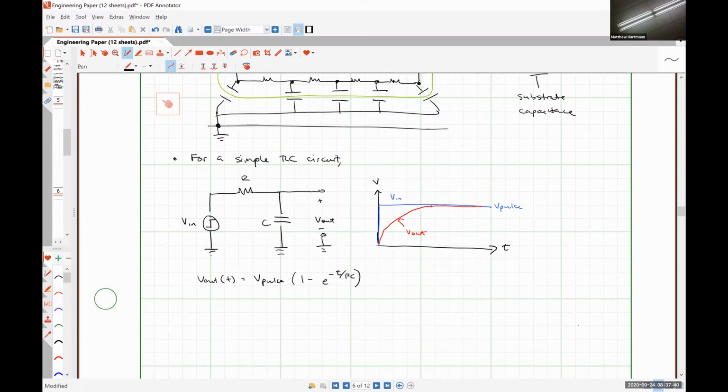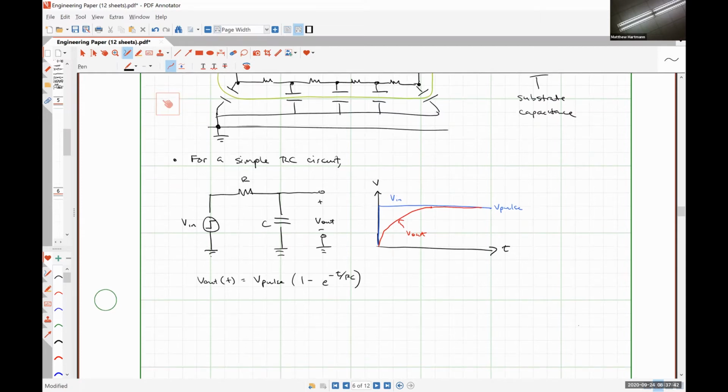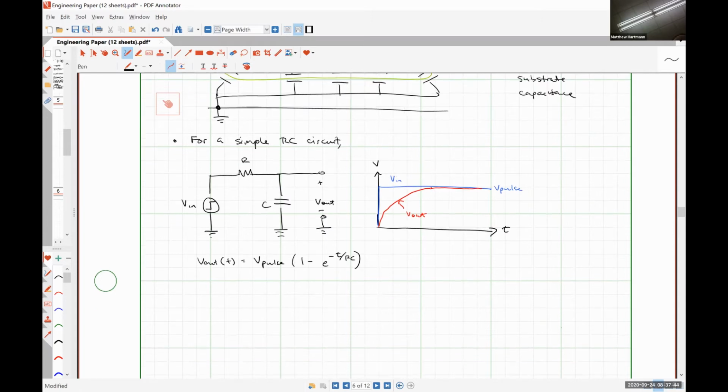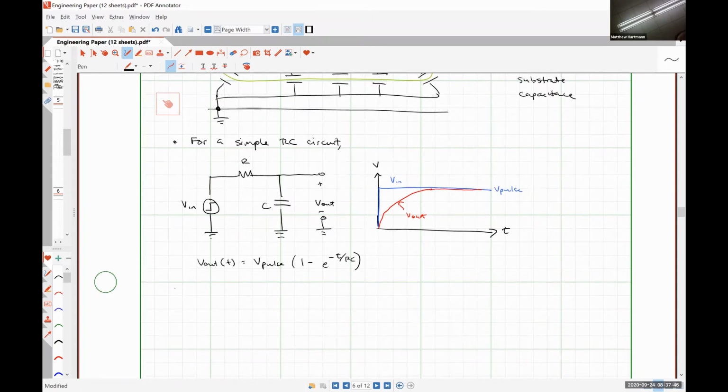So we're going to define, based on this relationship, a few parameters of interest for us in the performance of a CMOS integrated circuit. All right.